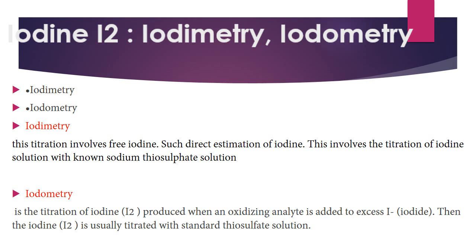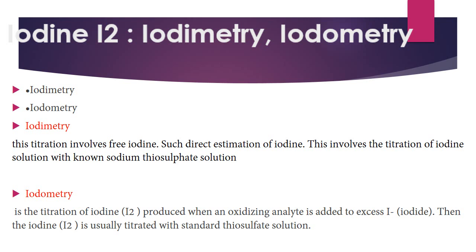In this type of titration, the iodine is produced when an oxidizing analyte, or an oxidizing agent, is made to react with excess potassium iodide.